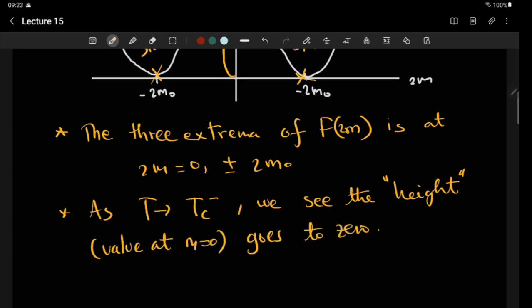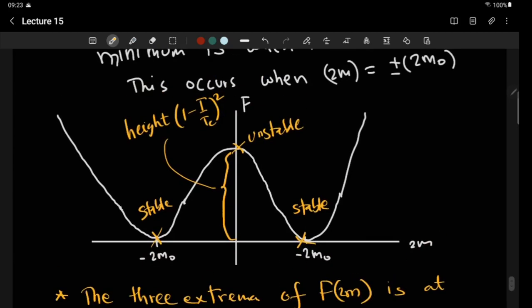And of course we also know that 2m naught also tends to 0. So think of dynamically taking t to tc. First, these two minima will move closer to 0, and this height will come down. These things will happen so that precisely at t equal to tc, m naught becomes 0.